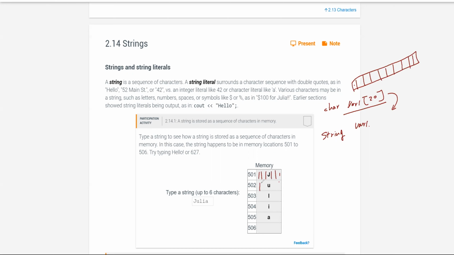This is also a set of switches to store U in there. This is a set of switches to store L and I, and so on. Each of these switches has an address, which is 501 set of switches, 502 set of switches, 503 set of switches.